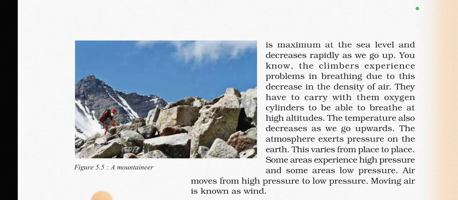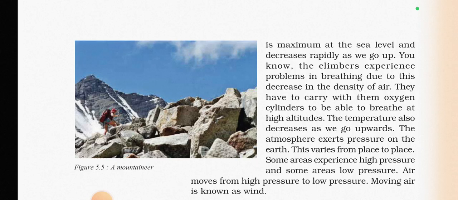That is the reason why oxygen cylinders are carried by mountain climbers while they are trekking or climbing high-rising mountains. And the temperature also decreases as we go upwards.